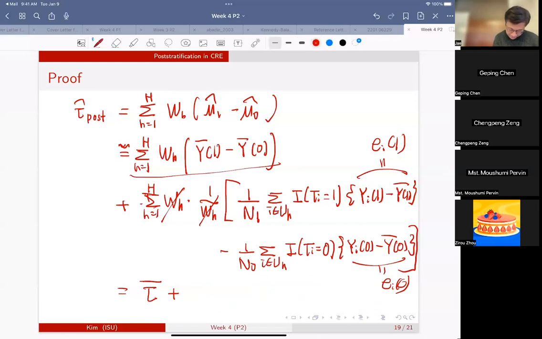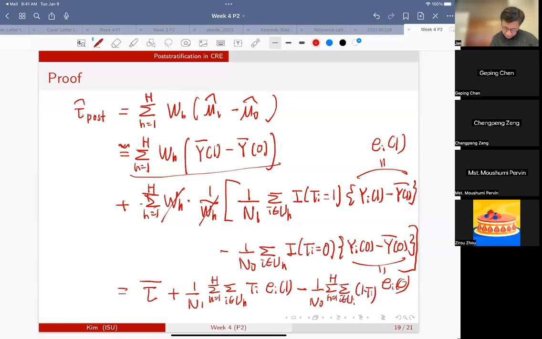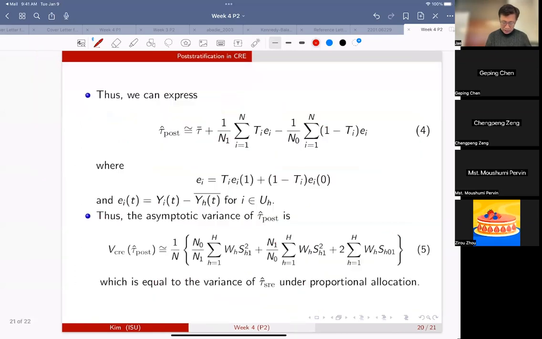Okay. 1 over N1 times the sum of Ti e_i1, minus 1 over N0 times the sum over h equal to 1 to H of 1 minus Ti times e_i0. So that gives this formula.